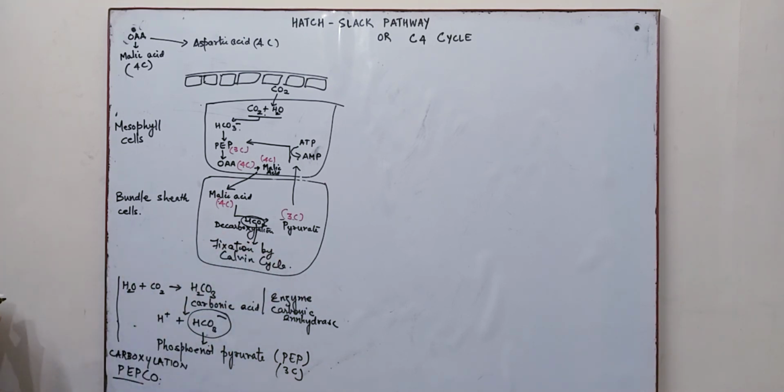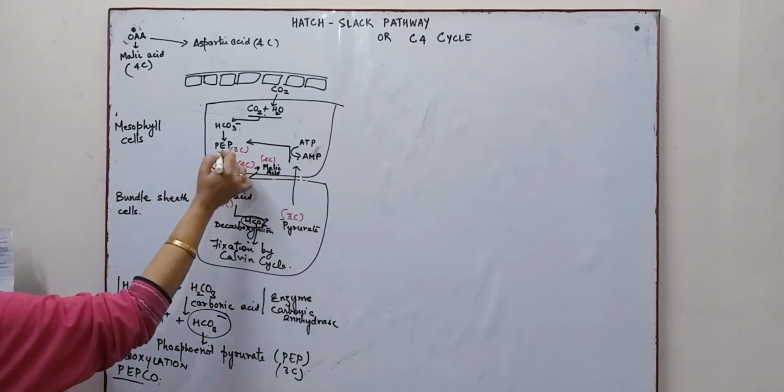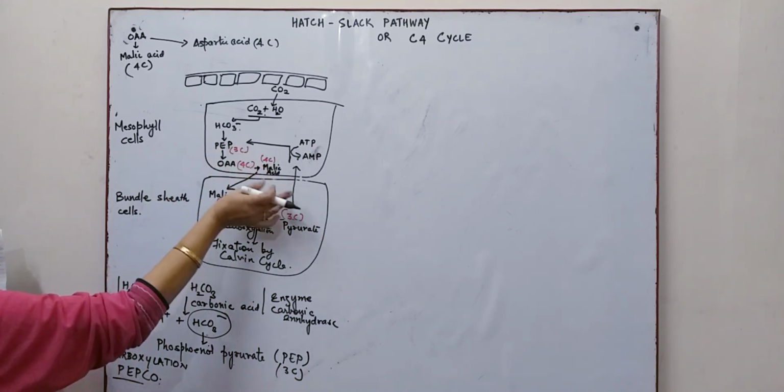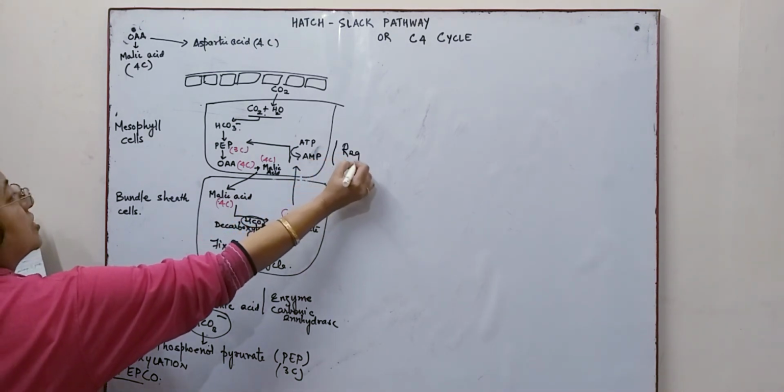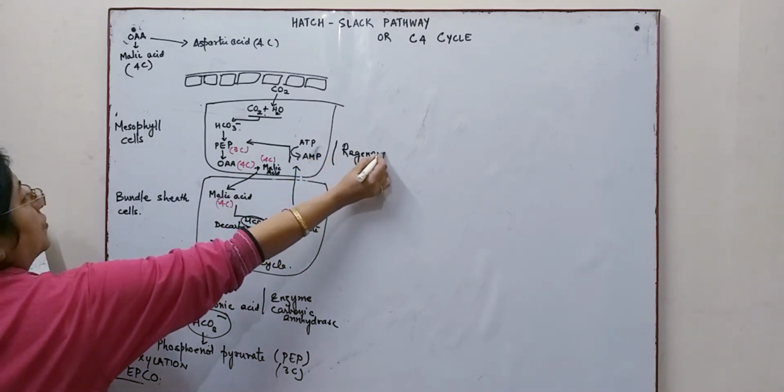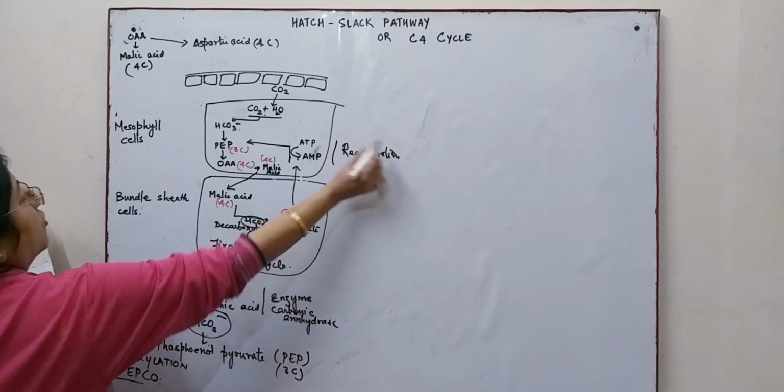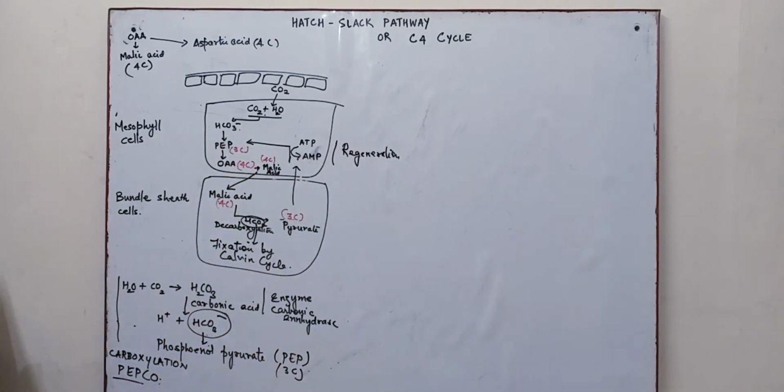The process of carboxylation is over here, and since the enzyme is obtained back, this is known as regeneration, because we have got back the PEP, which is the first acceptor.